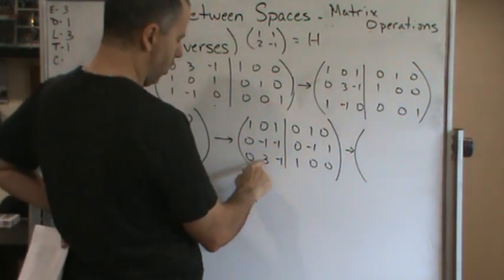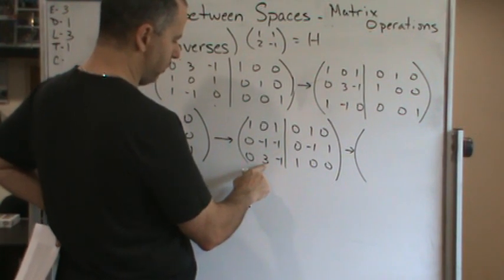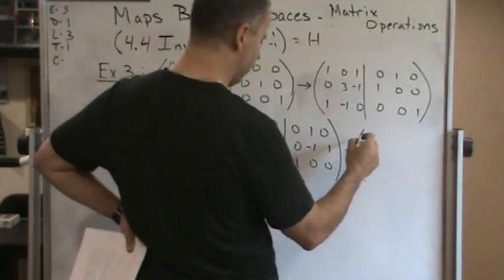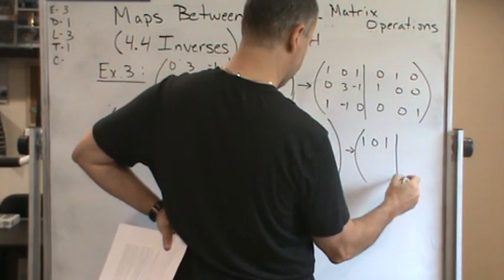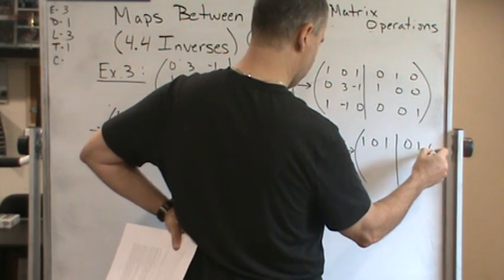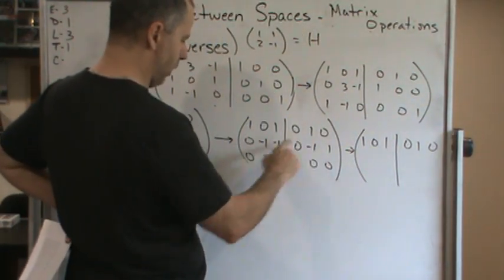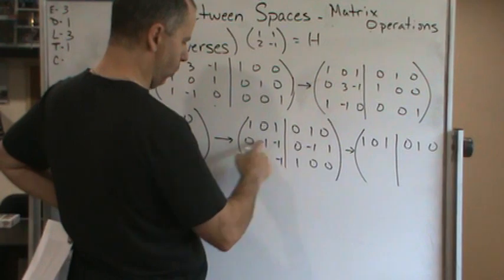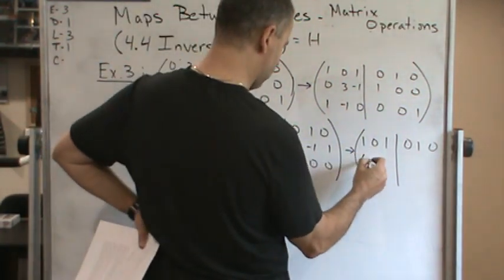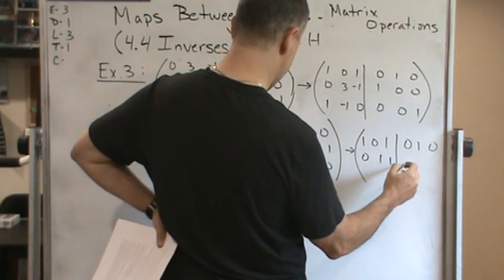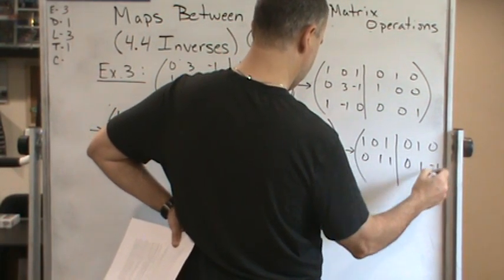I'm going to take 3 times row 2 and add it to row 3. I'm going to leave the first row alone. I'm going to multiply the second row by negative 1, so this is going to become 0, 1, 1, 0, 1, negative 1.